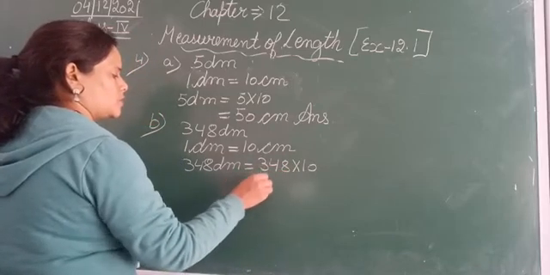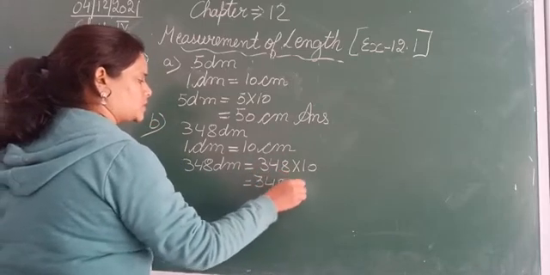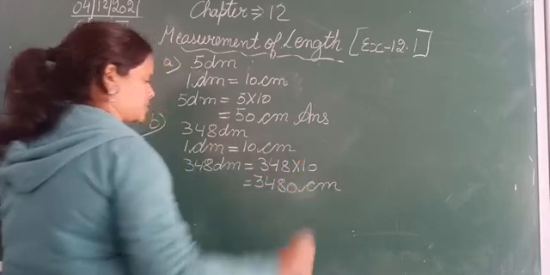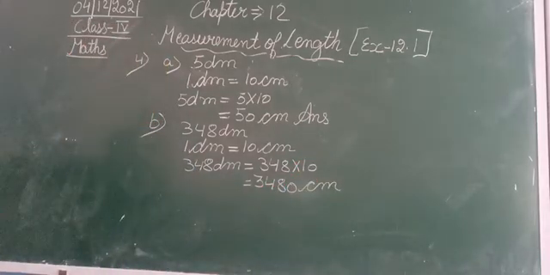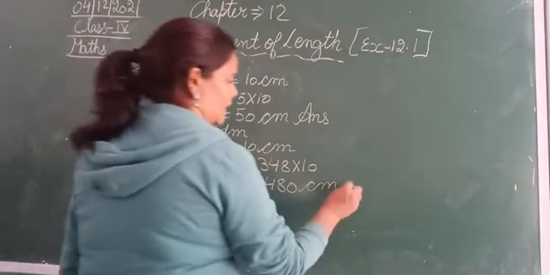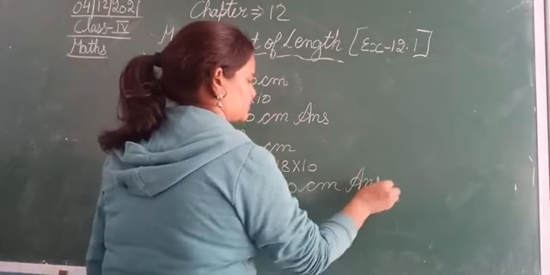This is 3480 centimeter. So 1 decimeter is equal to 10 centimeters, so 348 decimeter is equal to 3480 centimeter. And this is the answer.